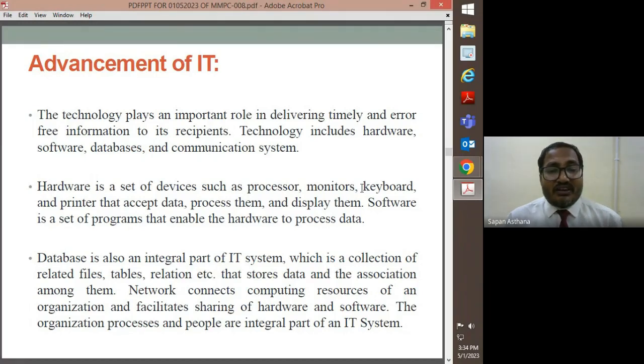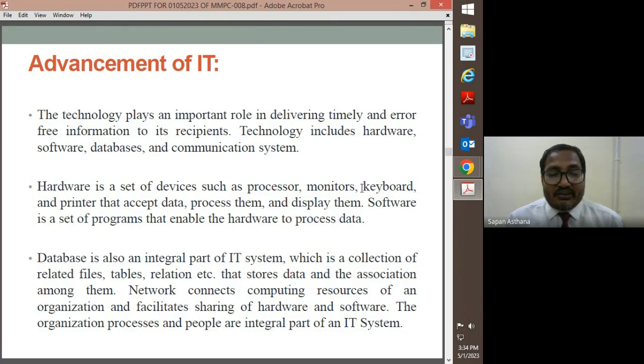Hardware is a set of devices such as the processor, monitors, keyboards, and printer that accept the data, process them, and display them. Software is a set of programs that enable the hardware to process data.